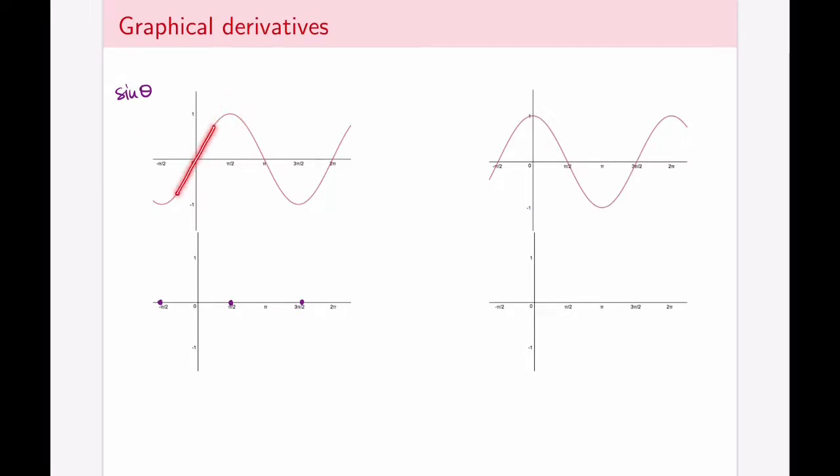I'm going to eyeball this as a slope of 1, so I notice that it's getting less and less steep as it approaches the actual slope of 0. What happens then is the slope becomes negative. At first it's just slightly negative, and then it becomes more and more negative until it's the steepest negative at pi.